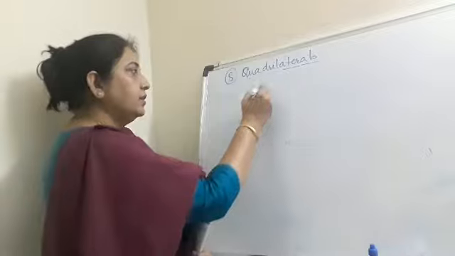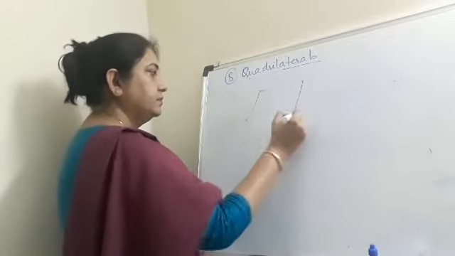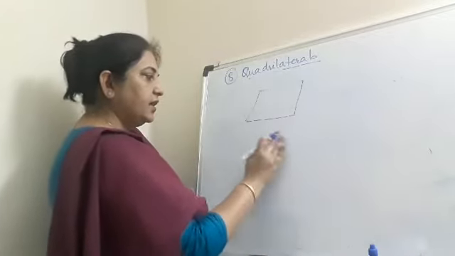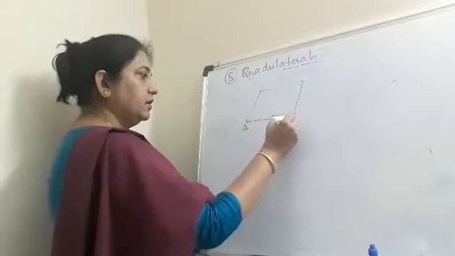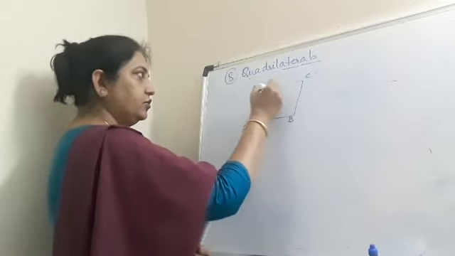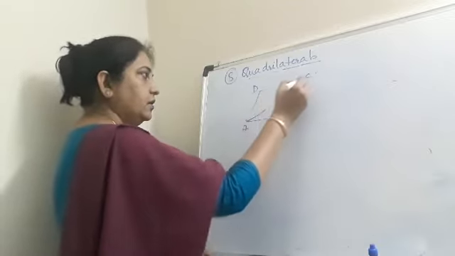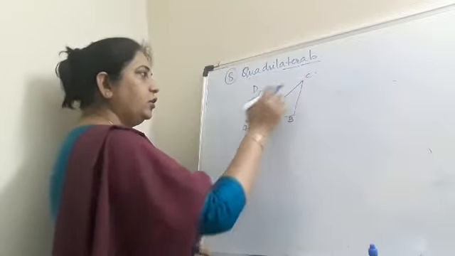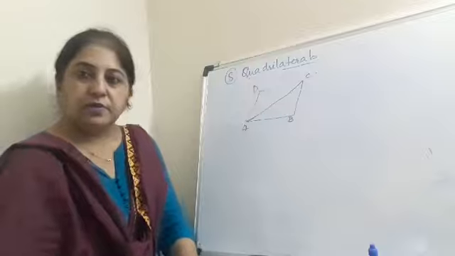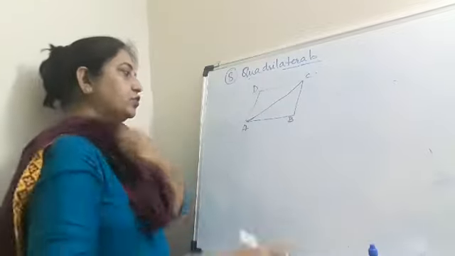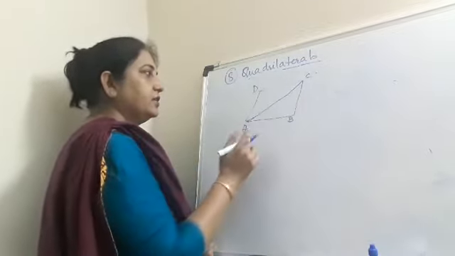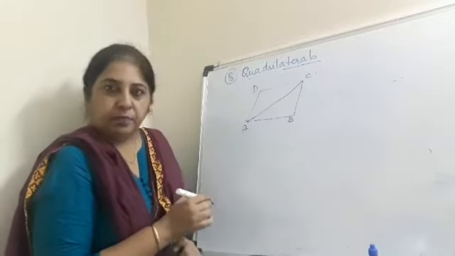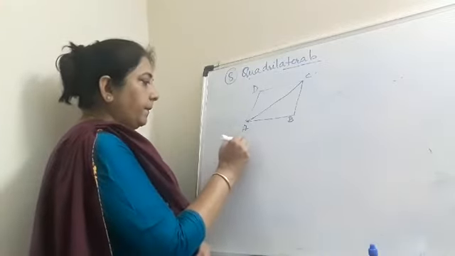Now, every quadrilateral has two diagonals. How do we draw a diagonal? You have studied these things before, but this is a revision, so pay attention to every part of what I am explaining. Now, A to C. When you join the opposite vertices, you get a diagonal. How do we define a diagonal?